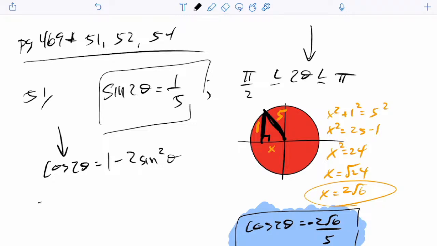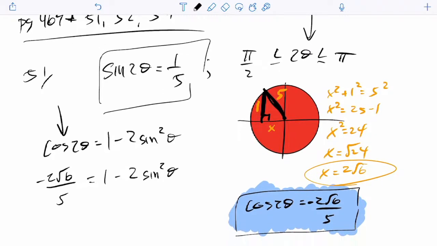So I can sub that in here. This becomes negative 2 root 6 over 5 equals 1 minus 2 sine squared theta. Then you can solve for sine of theta.